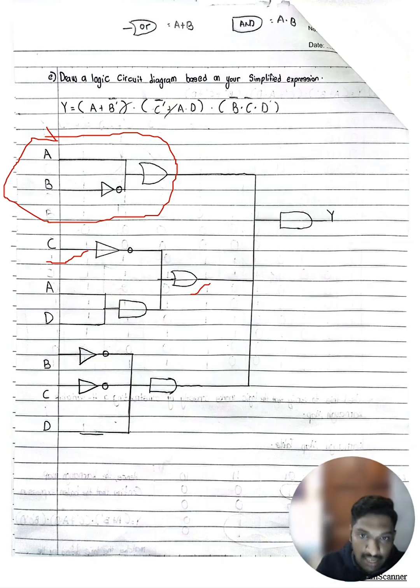And this one symbol is the AND diagram. So C bar plus AD, which means A times D.